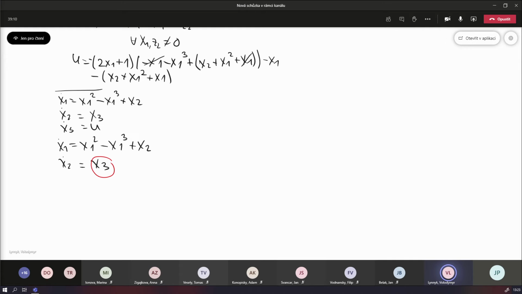Here this x3 equal to, we know from the previous example that u equals this minus x2, and we know that x3 is equal to minus x2 minus x1 squared minus 2x1 minus this minus x1 cubed plus x2 plus x1 squared, and 2x1 plus 1. Yeah, because this is the same.